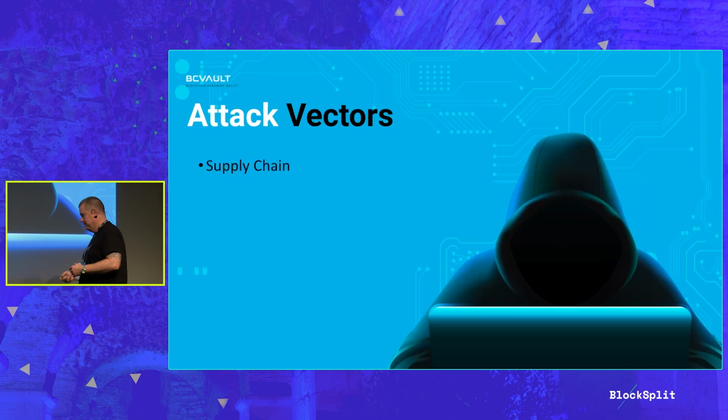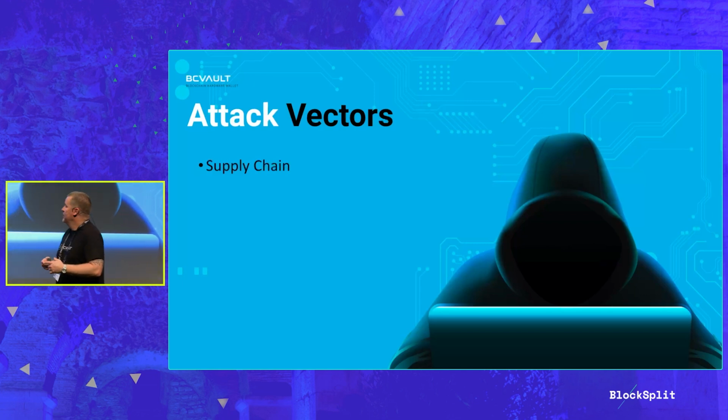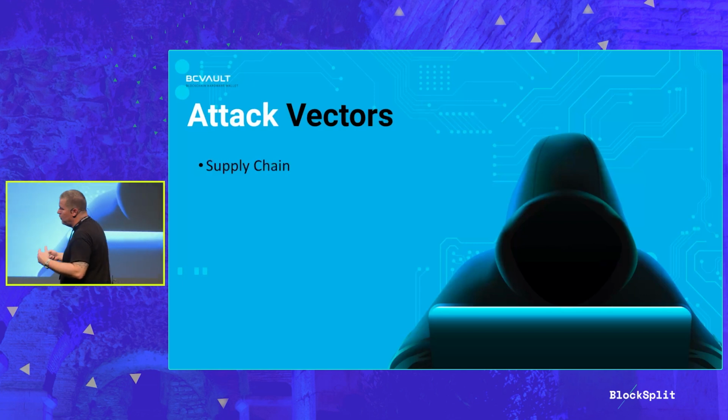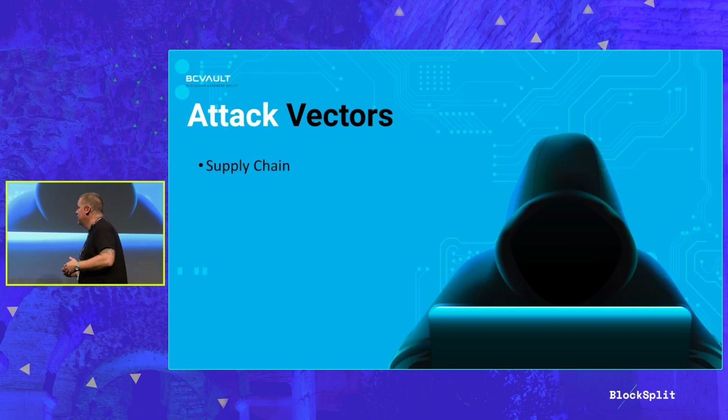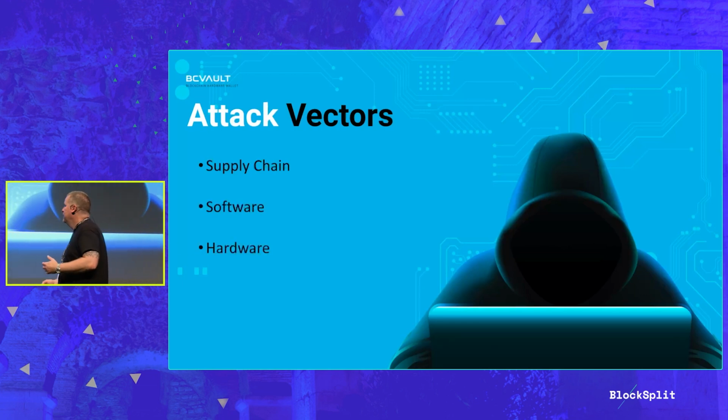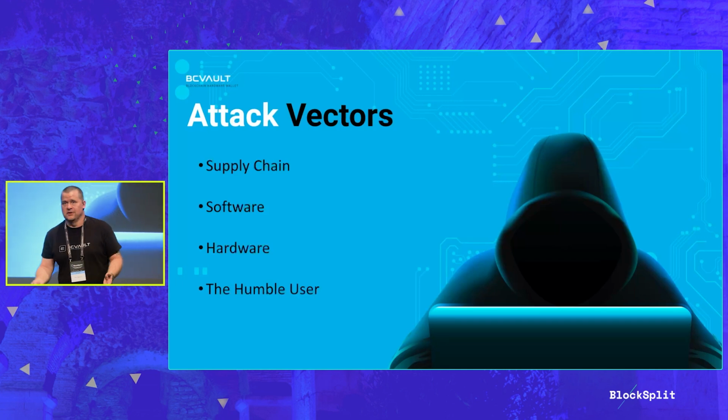If you look at the attack vectors, we have a couple of quite famous, quite normal IT-related or hardware-related attack vectors such as supply chain, and of course the software and the hardware, and well, the humble user too.